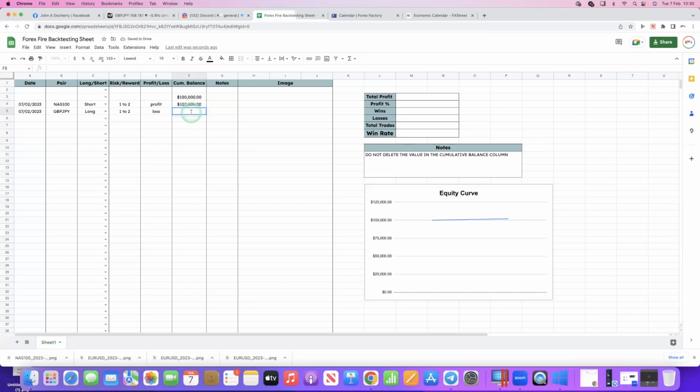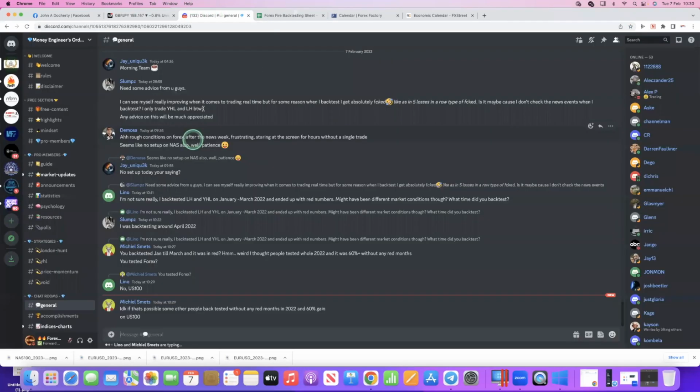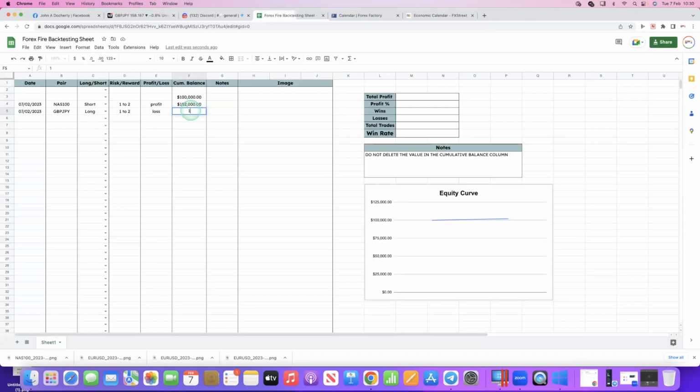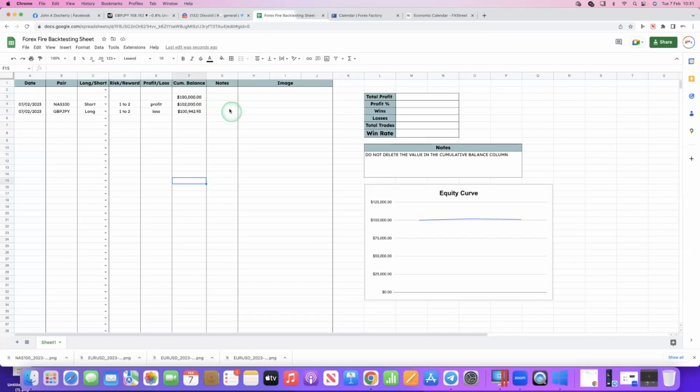It brought our accumulative balance down to, like I see it, 100,942.93. So 94,293. This is where we are at the moment.